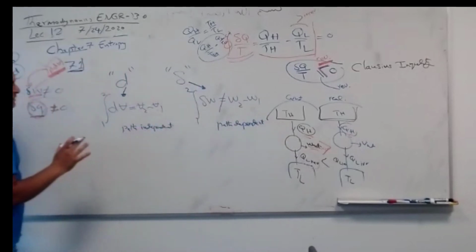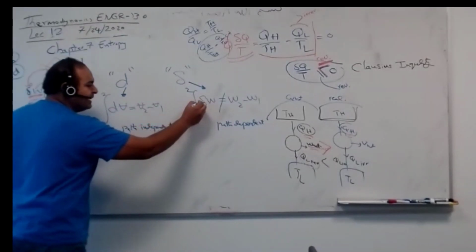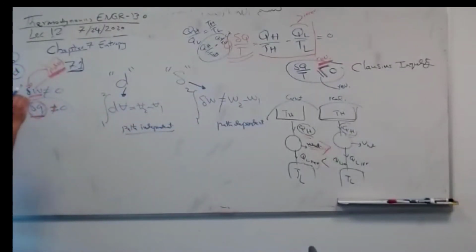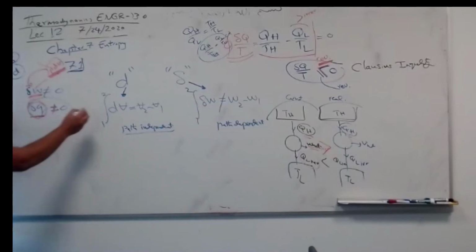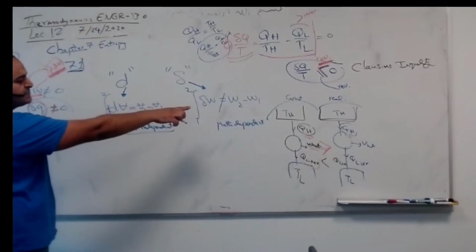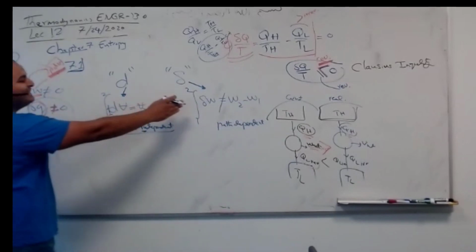In mathematics, if you have the d, this is path independent. I don't care where I go, from where to where, how I go. The final minus the initial is my change. Of course, integration of 1 here means V, but this is not. This is path dependent, this is path independent. This is exact, this is inexact.